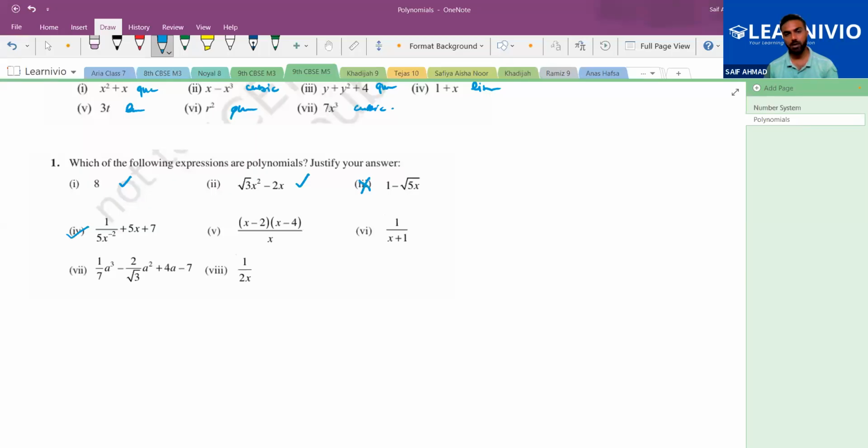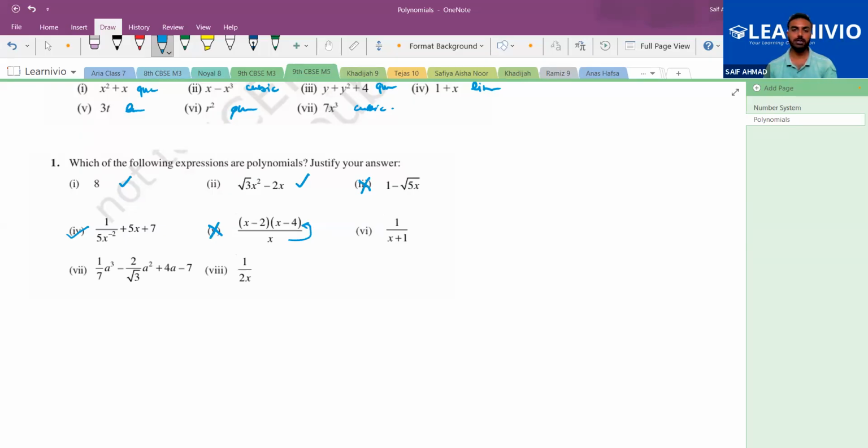When x to the power of -2 is taken into the numerator, it will become positive. Fifth one, Suleiman? It's not a polynomial because x is in the denominator. When we take it into the numerator, it will become x to the power of -1.